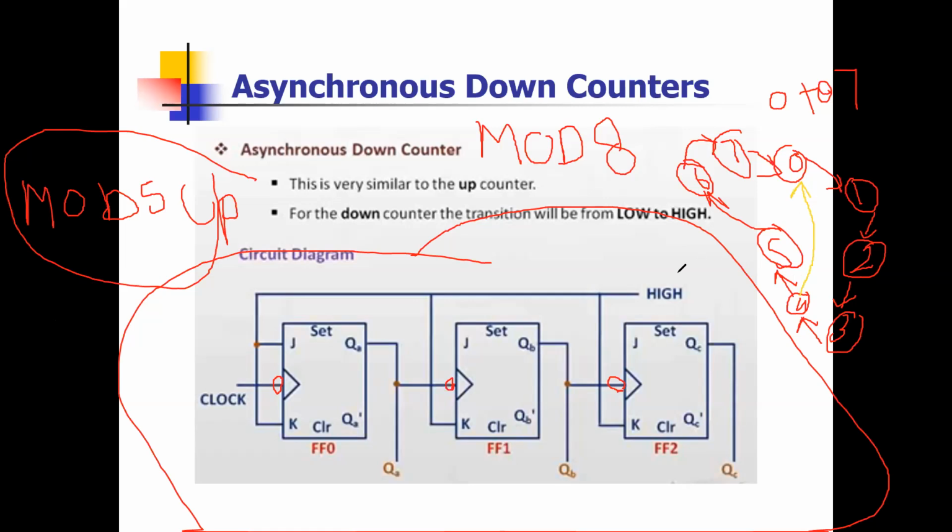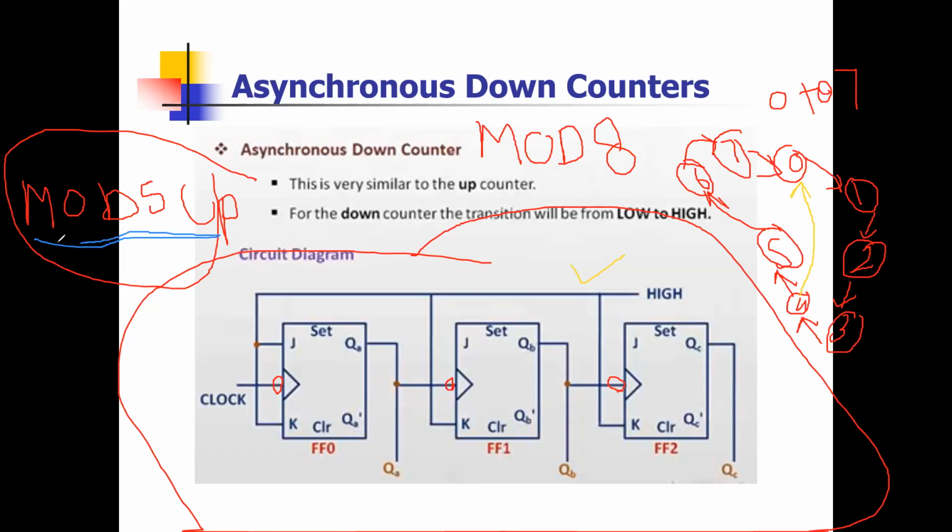So, in this diagram, do you have anything that can make it 0 after 4? Did you understand my question? I will repeat. I want mod 5.